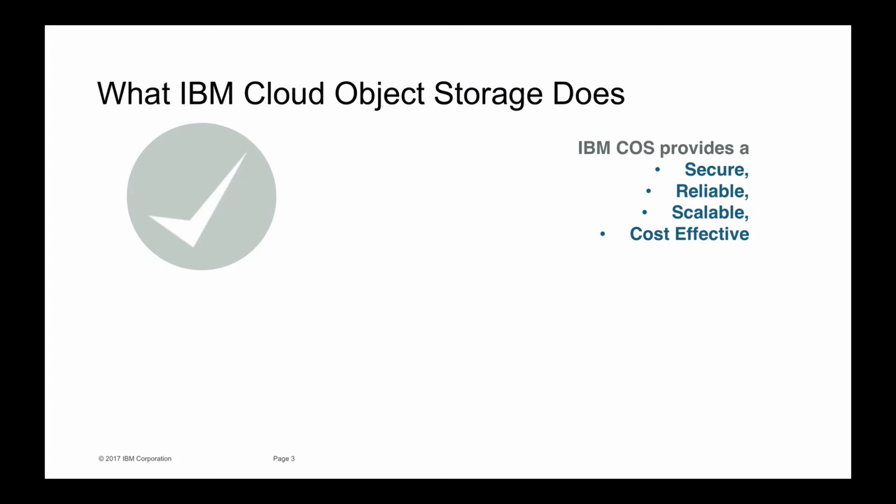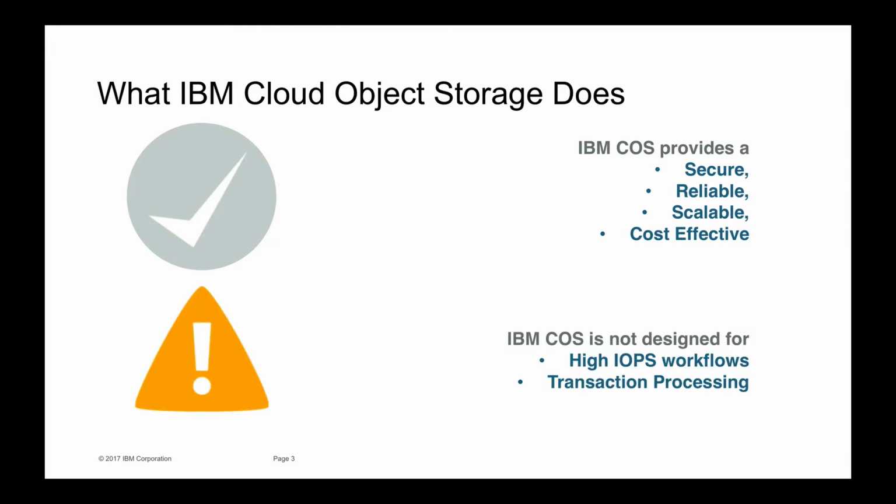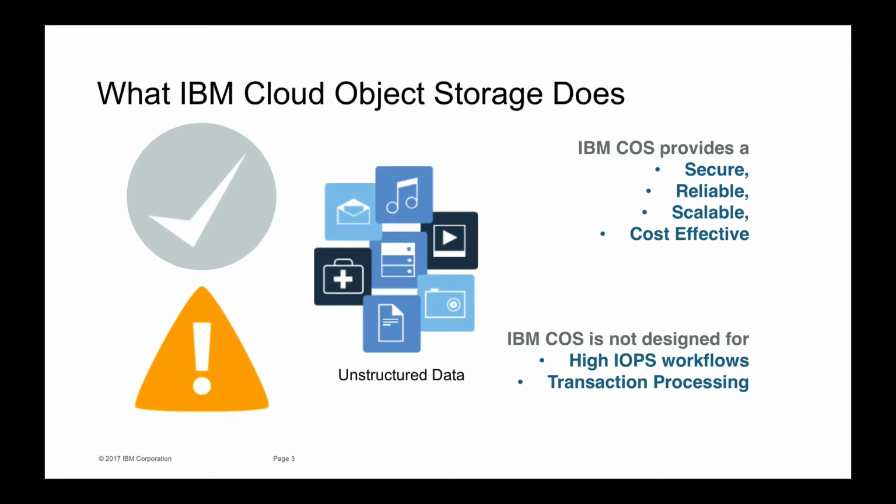First of all, what does IBM Cloud Object Storage do or provide? IBM Cloud Object Storage provides a secure and reliable, cost-effective platform that we've deployed in the cloud, that we also sell on premises, that you can pay for and consume on a cents per gig per month basis. It is designed to store unstructured data.